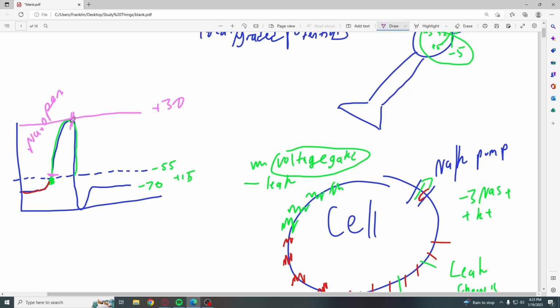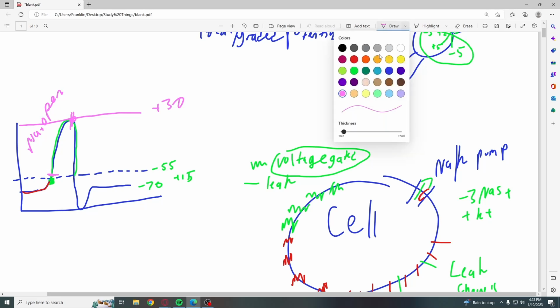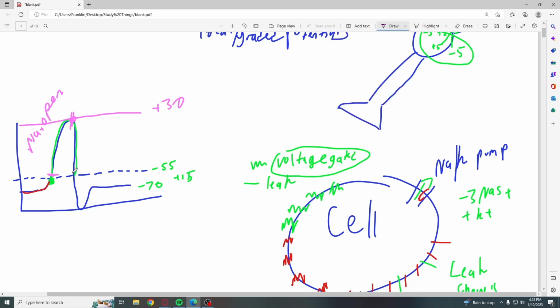Around here at the peak, now I'll put it in purple, the voltage gated K channels are open. Because they open so slowly, they're going to be opening around the peak here.